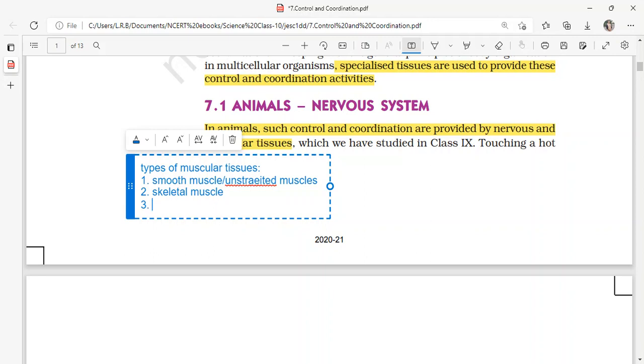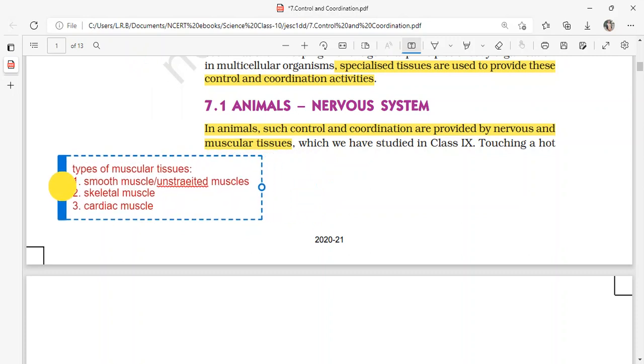So we can control the movements of the muscle tissue that are associated with the skeletons. And the third type is present in the heart, that is cardiac muscle. It helps in the continuous beating of the heart. So these are the three types of muscular tissue that are found in our body.